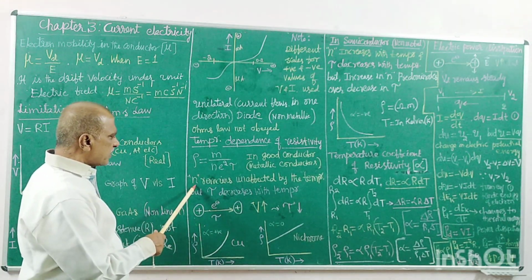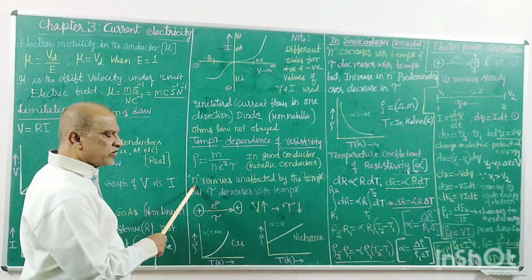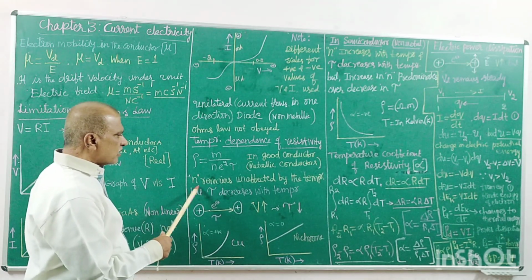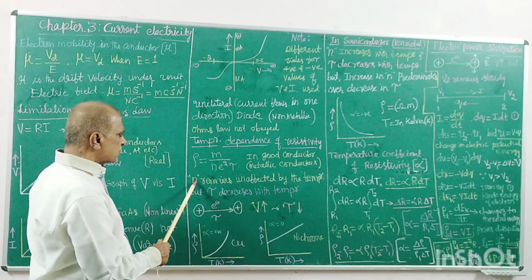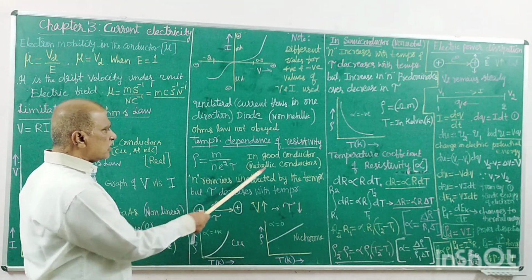It is produced once for all, with no further giving of free electrons to the material by change of temperature. That is, it remains constant with a variation of temperature. This remains constant in good conductors.